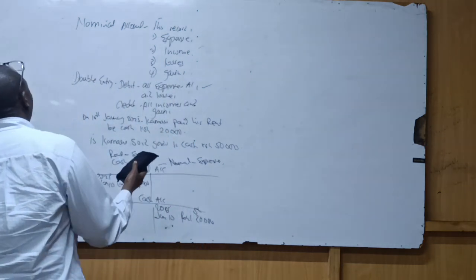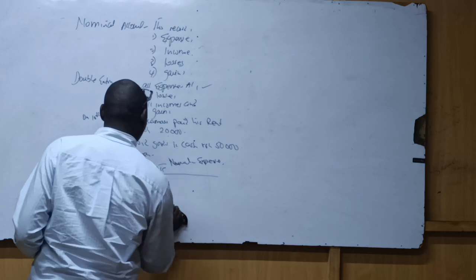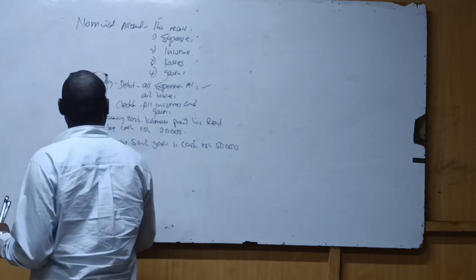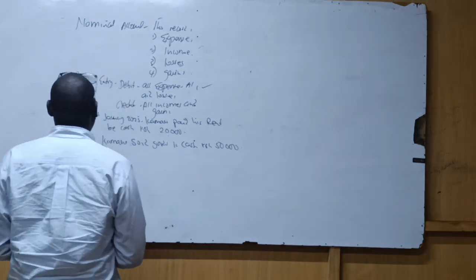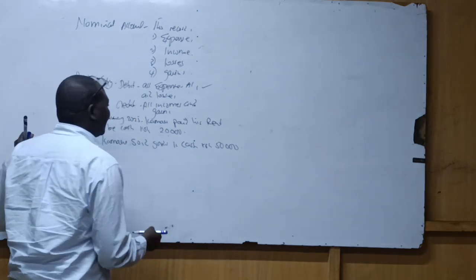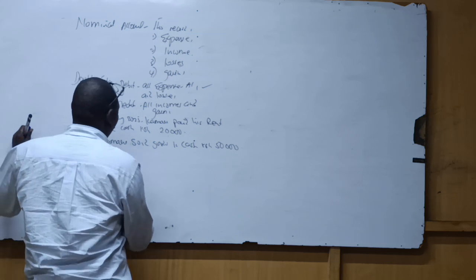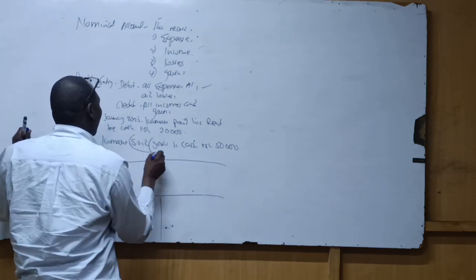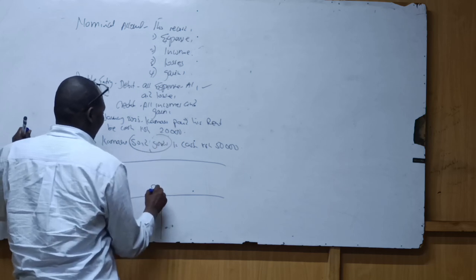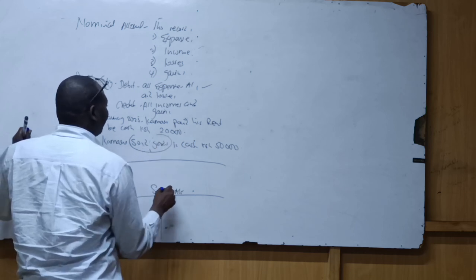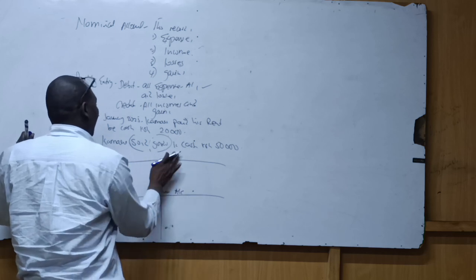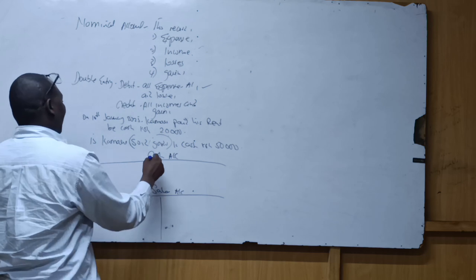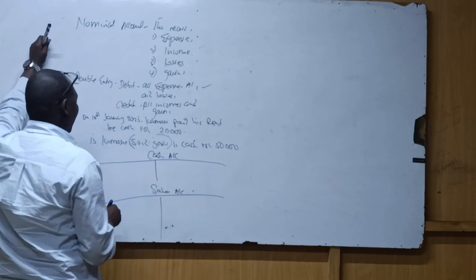So let's do the last one. On 15th, Kamau sold goods in cash, 50,000. What accounts do we need to affect? The transaction is selling goods, so we open the sales account, and we sold the goods by receiving cash, so we open the cash account.